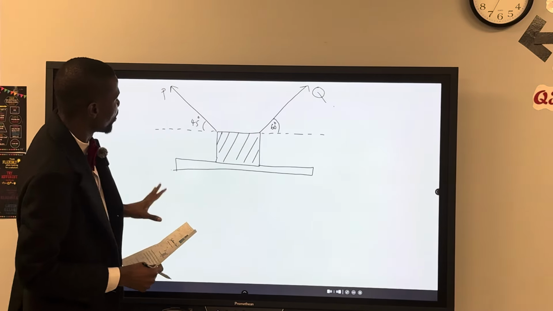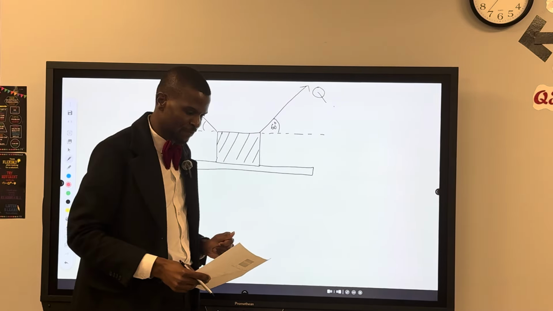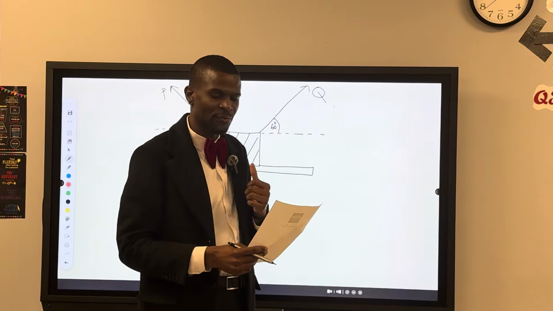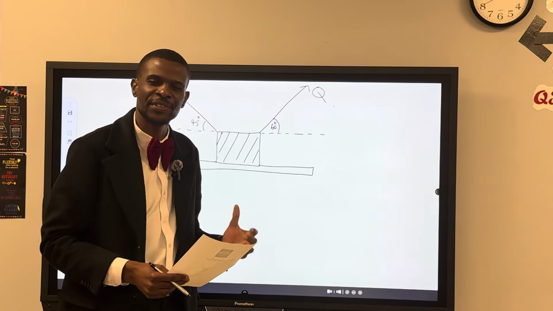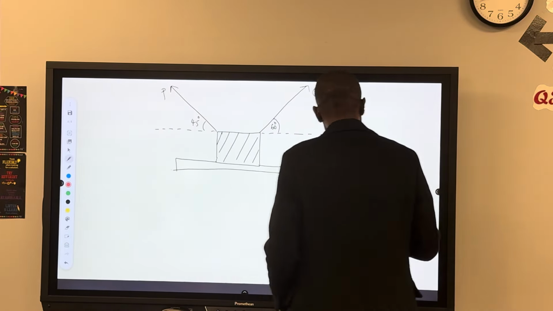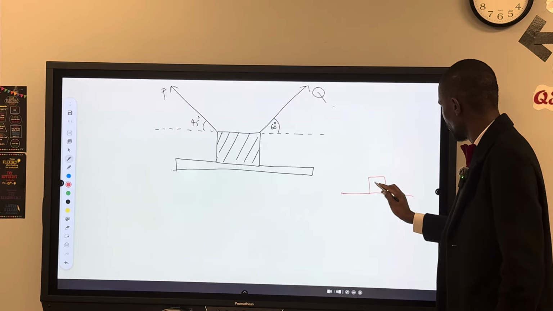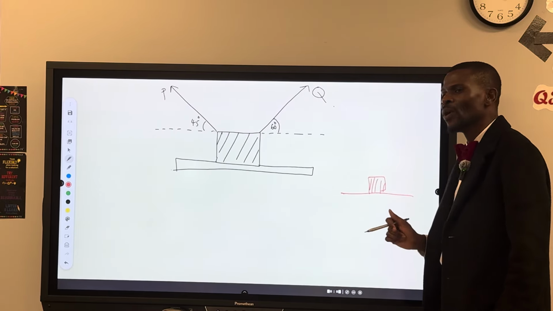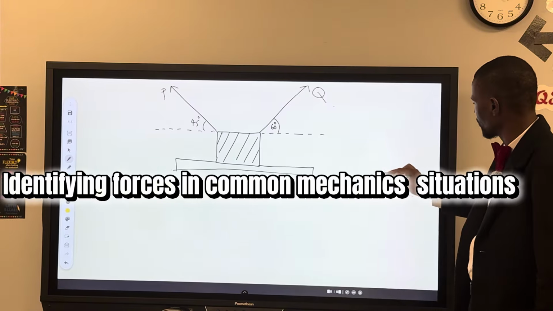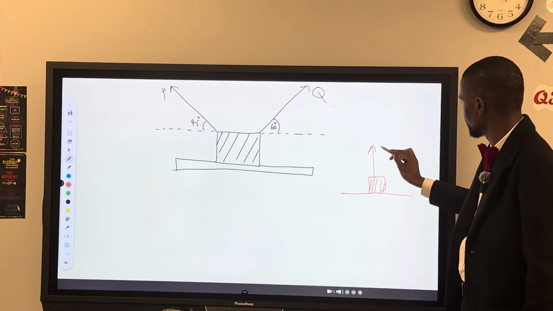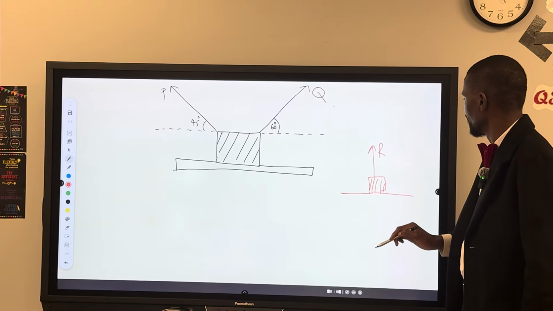Okay, so before we tackle this question, guys, we need to understand forces in common mechanics features. For example, if we have a body resting on a horizontal plane, we are going to have a normal force, a reaction here, right?